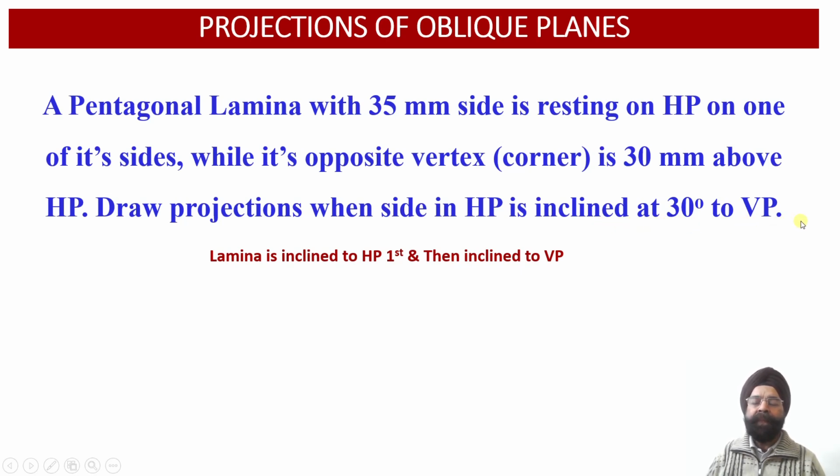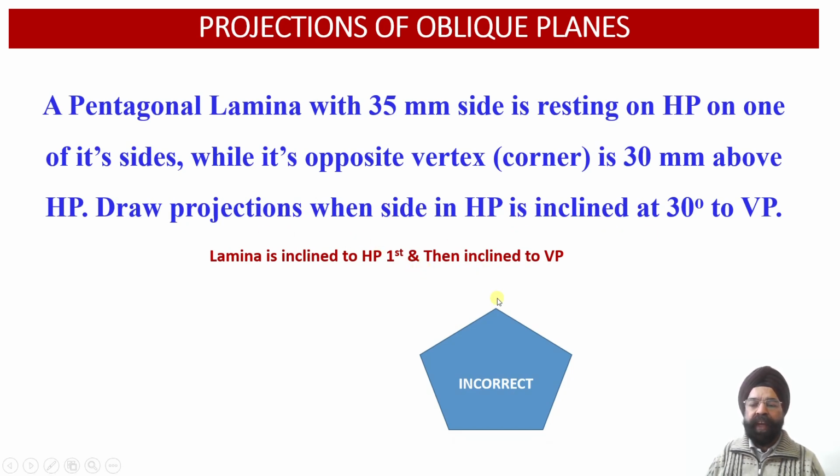This way we are required to draw the orthographic projections of the oblique pentagonal lamina which is inclined with respect to the horizontal plane to begin with, and also inclined with respect to the vertical plane. So let us first evaluate the orientation of this pentagonal lamina with respect to the XY reference line or the vertical plane.